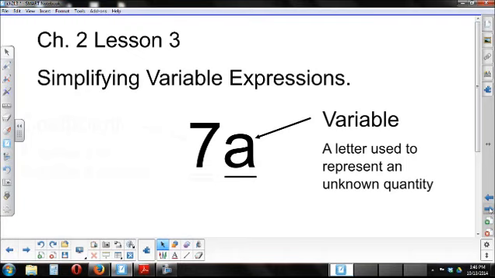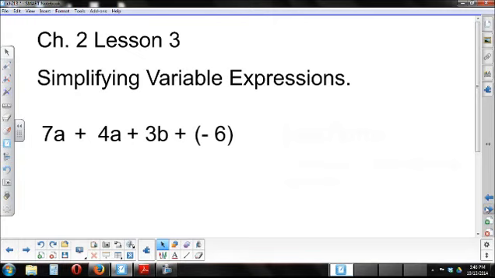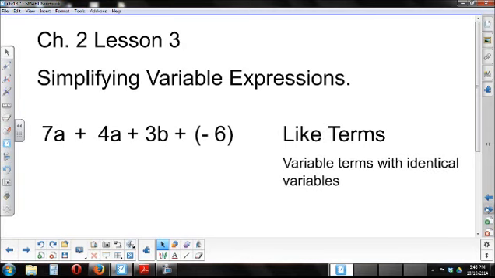Each variable term also has a coefficient, and that is a number that multiplies a variable. Final bit of vocabulary. Let's talk about like terms. Like terms are variable terms with identical variables.